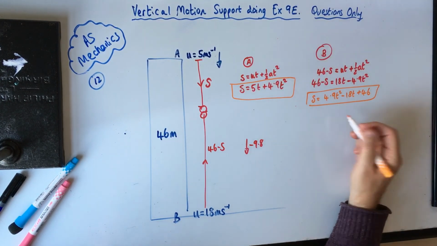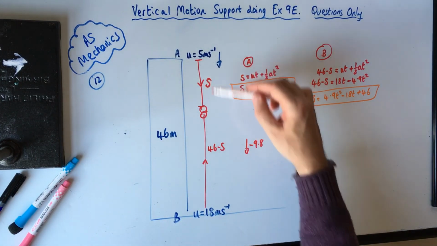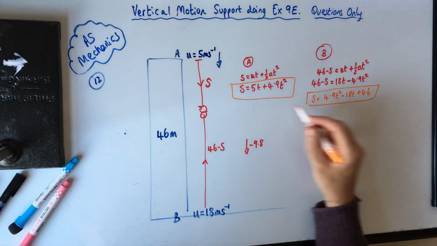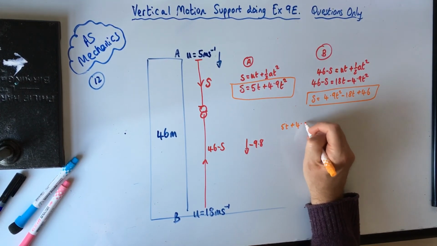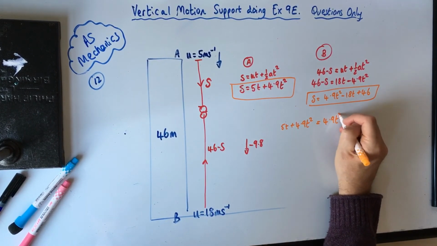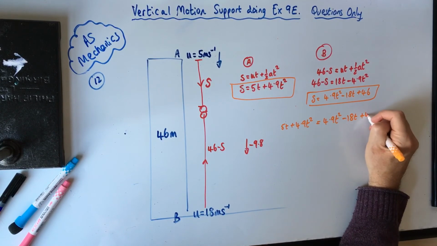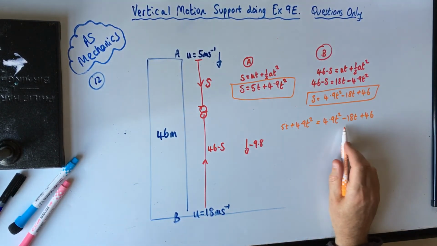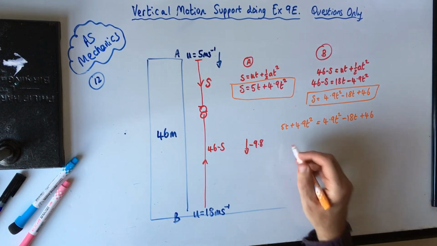It's not an easy question. Now the S there is the same as the S there, so I can put those equal: 5t plus 4.9t squared is equal to 4.9t squared minus 18t plus 46. They've both got a 4.9t squared, so I can simply take that off.